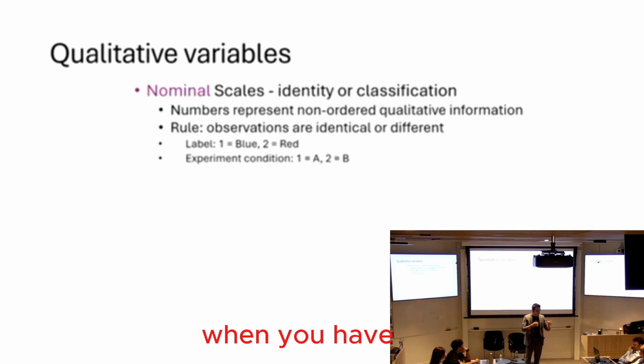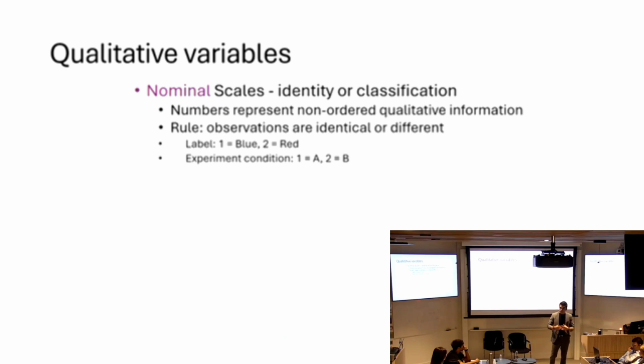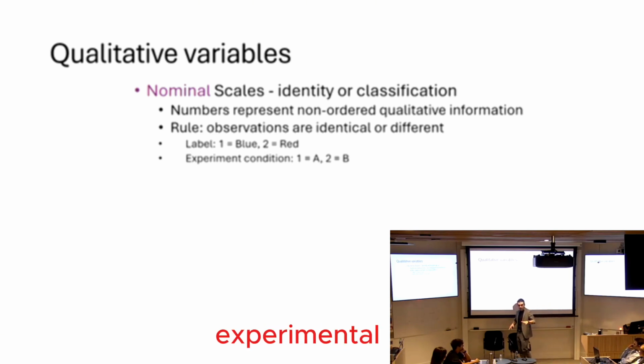When you have 1 to 5, 1 to 7, 1 to 10, those are Likert scales. But sometimes you ask people what their favorite color is, and this is called a nominal scale. If some people say red and some say blue, you cannot call them 1, 2 or 3. It doesn't make any sense. Those are qualitative answers, and sometimes we use them as different conditions in an experimental setting.